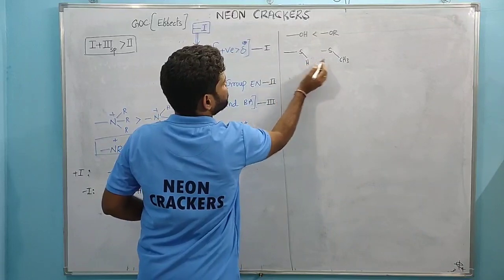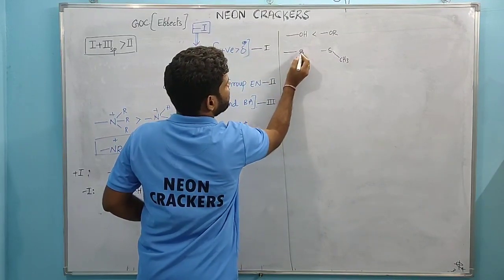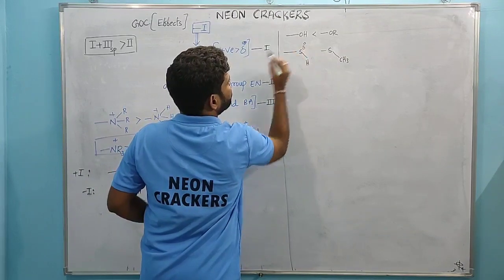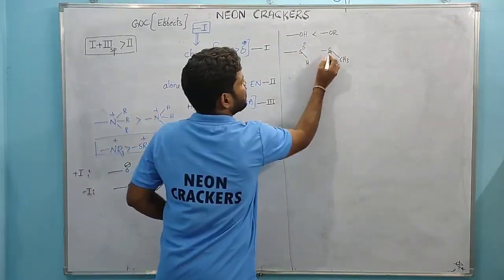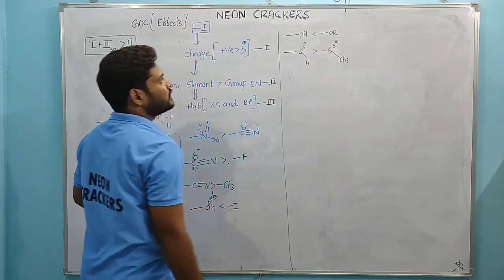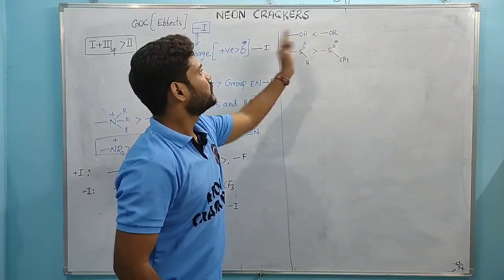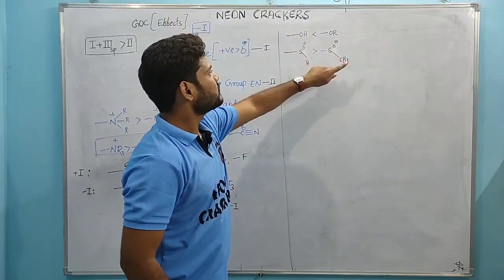Now we have to select the EN difference. These two have nearly 0 EN difference. Now this is having minus charge. See the trick here: OH, OR, SH, SR are opposite.